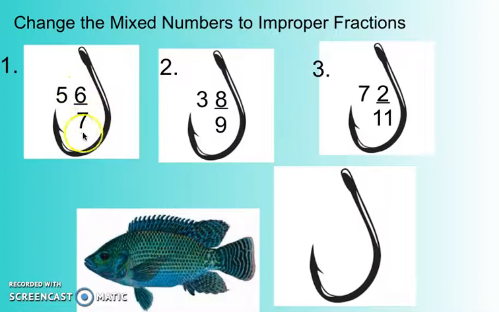Now this seventh down here in the denominator's place is telling us that each one of these wholes is separated into 7 equal parts. So first of all, what I need to know is how many 7s do I have in 5 wholes?